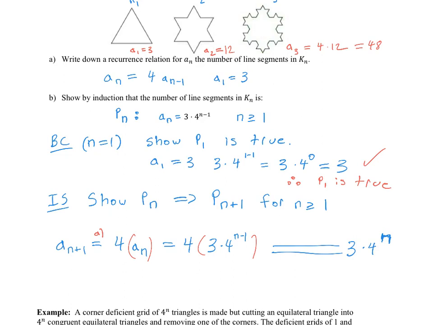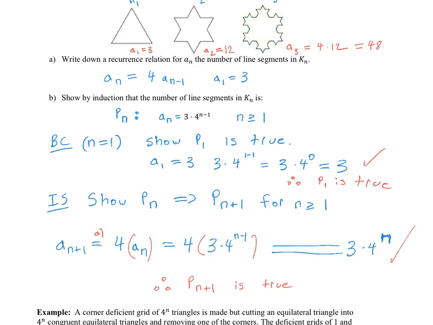The inductive step checks out. We'll give it the nice red check mark and write down a conclusion to our induction. Therefore, p sub n plus 1 is true. And this verifies both parts of the induction and verifies the solution to this recurrence relation is in fact correct.